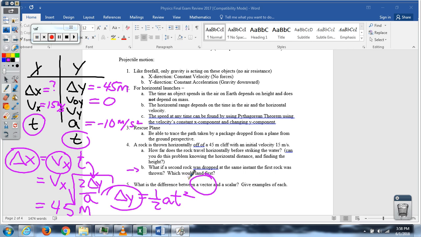Vectors have magnitude and direction. Scalars only have magnitude. So scalars are described just purely using numbers. Vectors can be described with arrows whose length represents the amount of the quantity that you're talking about. Whereas with a scalar, you just write down a number instead of a length.